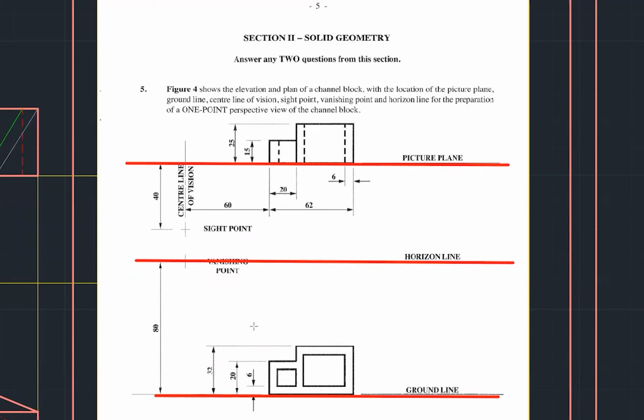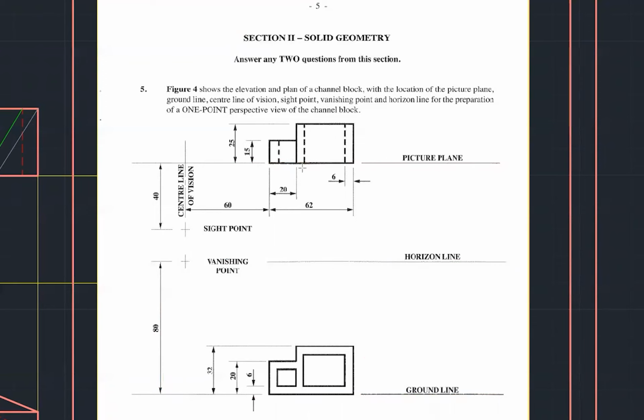The drawing actually gives us some valid information to help us. When we are setting this up, we can draw the ground plane, or this elevation, and then we can offset from the ground line up a distance of 80 mil to get the horizon line. So let's clear that.